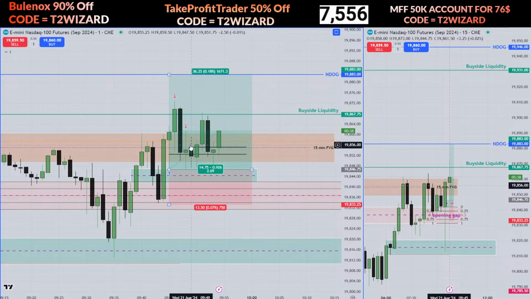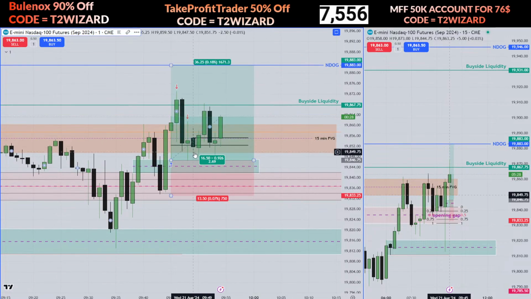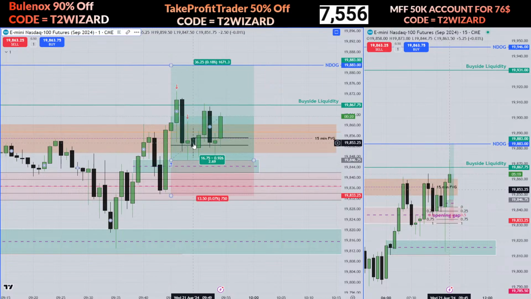So here, I'm watching this order block. Can it hold the price and send it back until this line or not? This new opening gap. Now you can say, brother, this is not the order block. Absolutely, you're right. This is not the order block. This is the propulsion block. This is your order block. See this candle. This is your order block. This is the propulsion block.